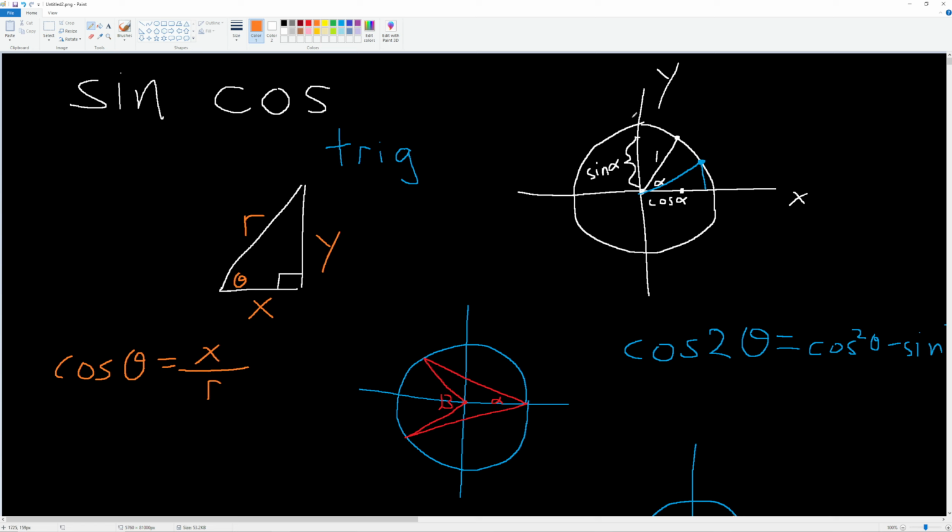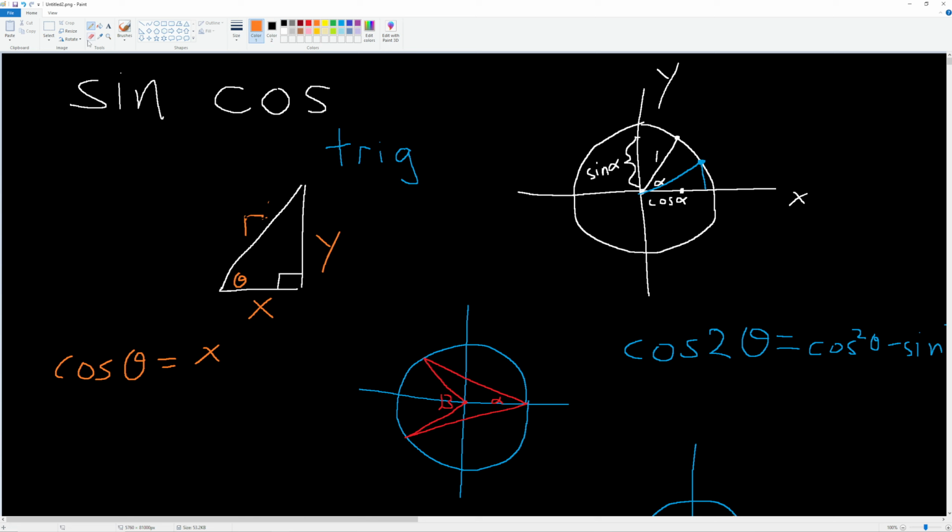But I think this picture is a little easier to start from here and work backwards. And in this picture, our r is 1, length 1. So let's see, can I just erase this more? Why is it not doing what I want?